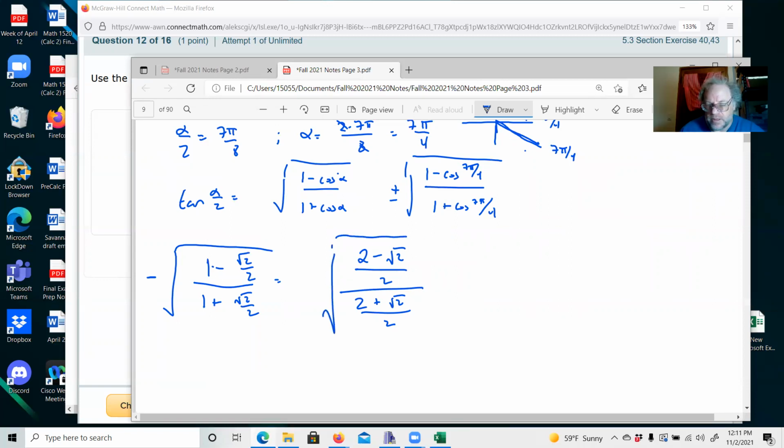Square rooting the whole thing, negative. And now we're just going to multiply by 2 over 2 inside of my square root. And this is going to cancel, this is going to cancel. So we end up with the square root of 2 minus root 2 over 2 plus root 2.